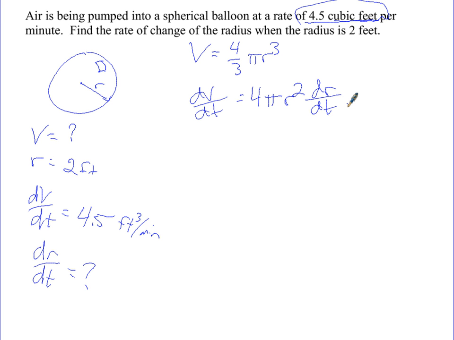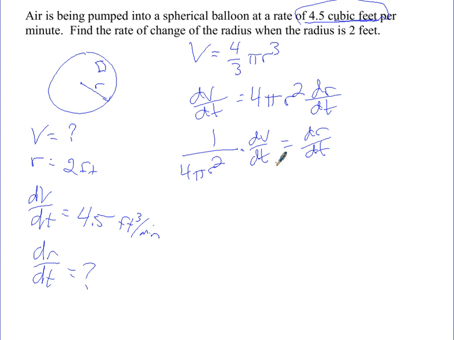So to do that, I'm going to divide both sides by 4 pi r squared. But I'm going to write that like this: 1 over 4 pi r squared, times dV over dt, equals dr over dt. What that does for me is it allows me to see that I have this math going on right here, and then I'm multiplying times dV over dt, which I know.